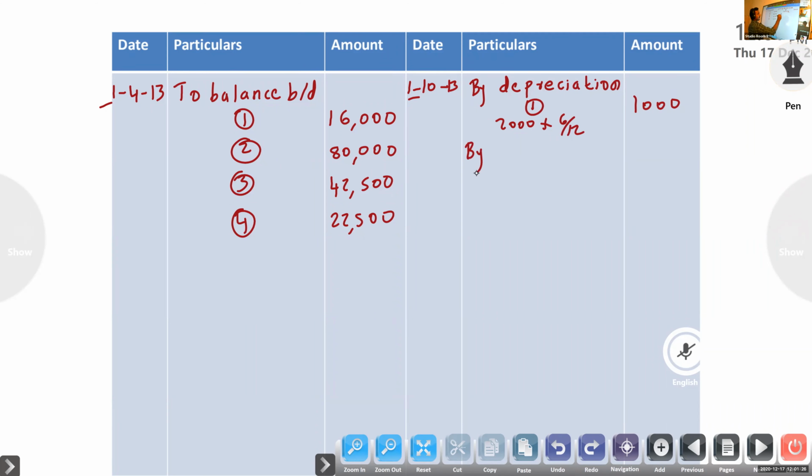By cash, this given 6,000. If you do this method, it will be easy for you. Otherwise, you have to calculate the balance, current value. Now it is easy: balance 60,000, sold one, depreciation 1,000, so current value 15,000.